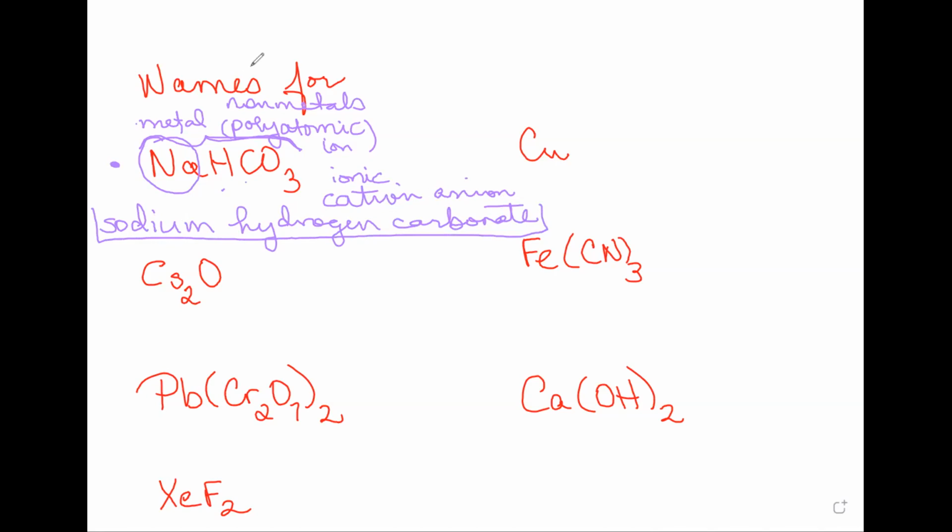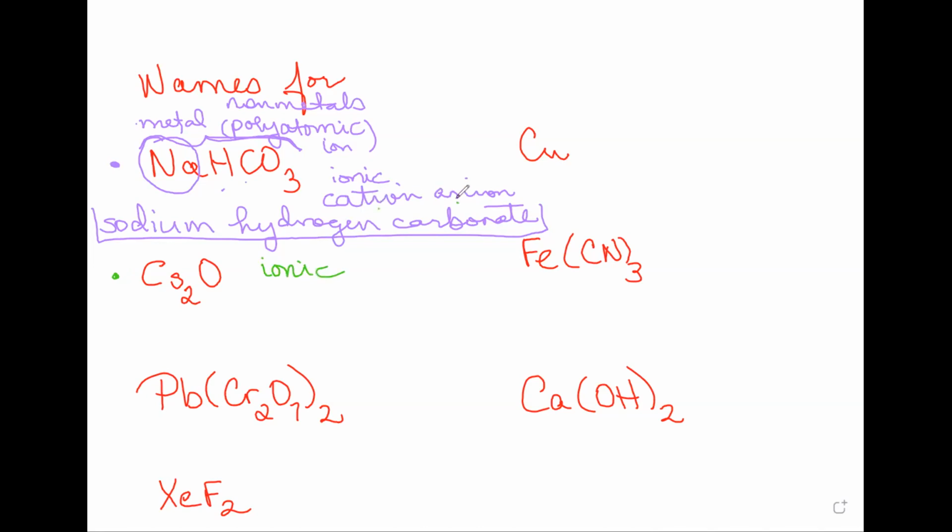The first thing you're going to ask yourself, is it ionic or molecular? And if it's metal with non-metal, then you can say, oh, I think it's ionic. If it's only non-metals, you say, oh, I think it's molecular. Because if you use that, then you'll know which naming rules you're going to follow. So this one's ionic. So again, we're going to do cation, anion.